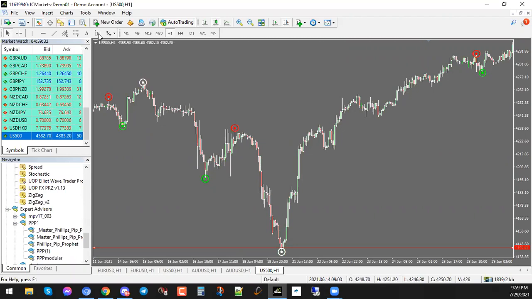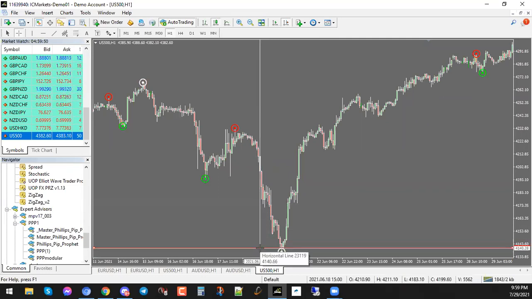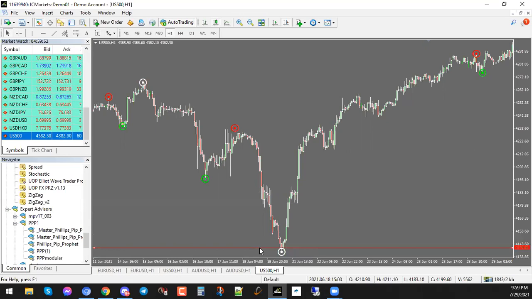Let's see. Okay, 41.74. So you were saying that around 41.74, the white dot was here. That's what you're saying? Let me know if that's what you're saying. You're saying the white dot was in this area.